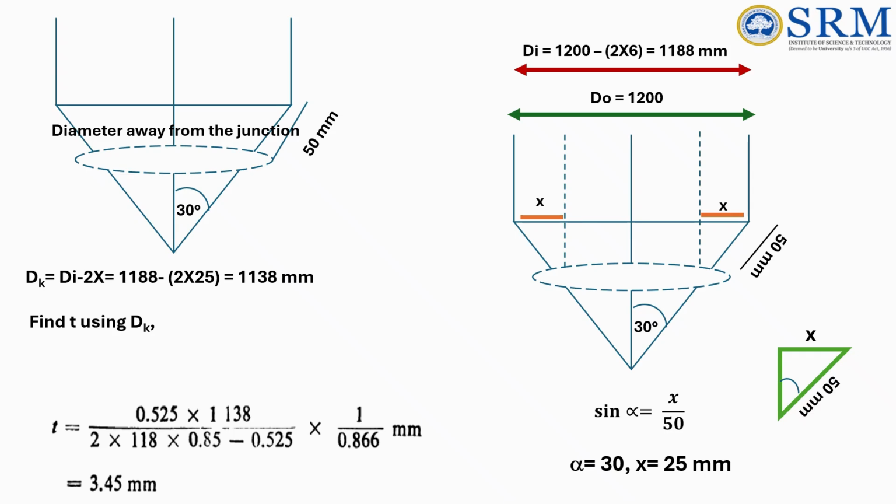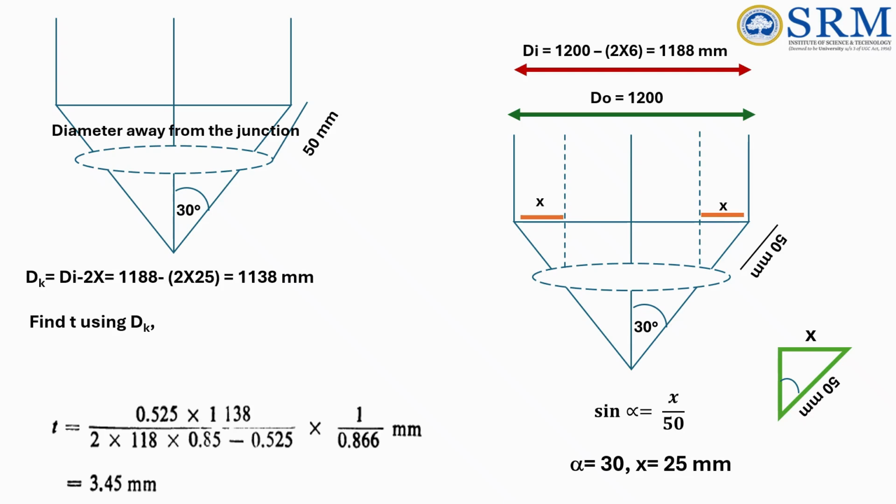The total diameter of the vessel is D0, which is 1200 mm, from which the internal diameter can be found out by subtracting the thickness on both the sides. So if the thickness on one side is 6 mm, if we subtract the thickness from both the ends, we get 1188 mm. That is the internal diameter of the vessel.